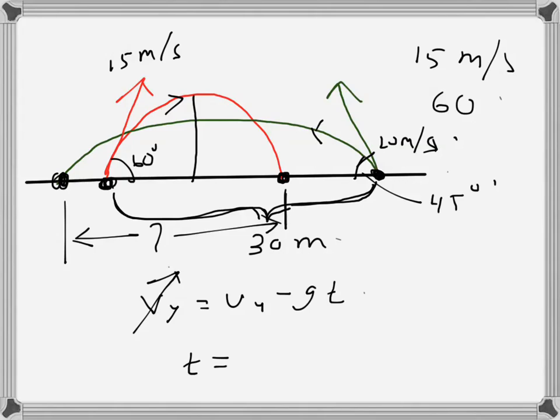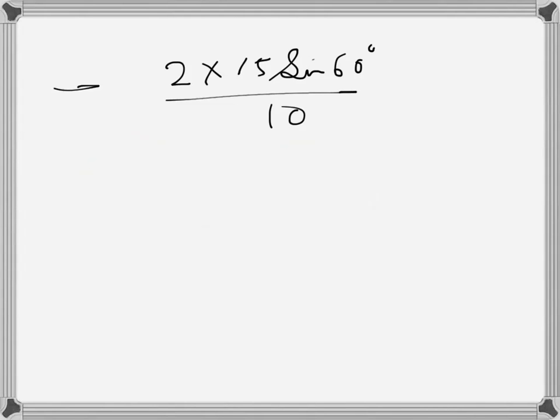So t will be Uy, which is 15 sine 60 degrees, over g. g can be used as 10. So this is half of the travel time. The full travel time will be 2 times 15 sine 60 degrees over 10. So that's T1, the first one, the red one.